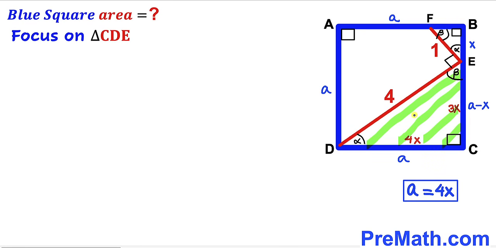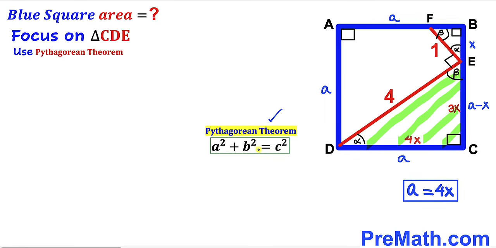Now let's focus on this right triangle CDE, and we are going to apply the Pythagorean theorem on this triangle. Here's our Pythagorean theorem: a square plus b square equals c square. In our case, our hypotenuse is 4, whereas our two other legs are 4x and 3x.